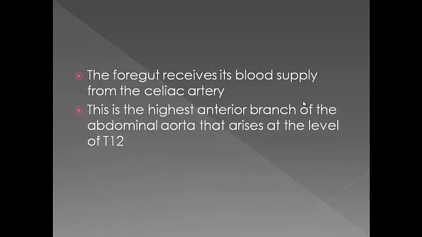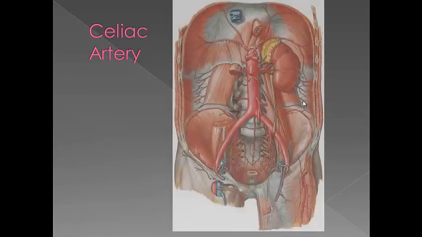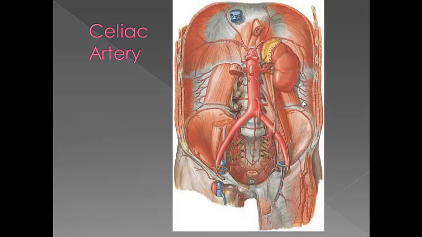The celiac artery is the highest anterior branch of the abdominal aorta, and it arises at the vertebral level of T12. So we're going to go back to our picture of the abdominal aorta, and the highest branch is this one here. This is the celiac artery. Okay, and like I said, it arises at the level of T12.